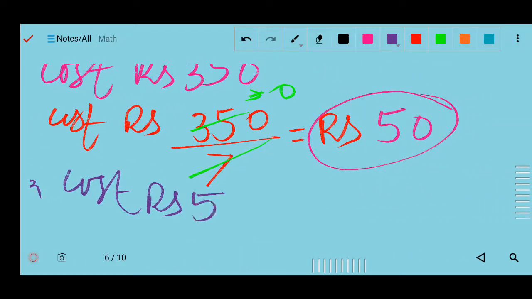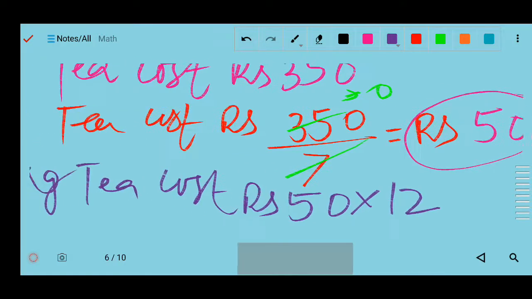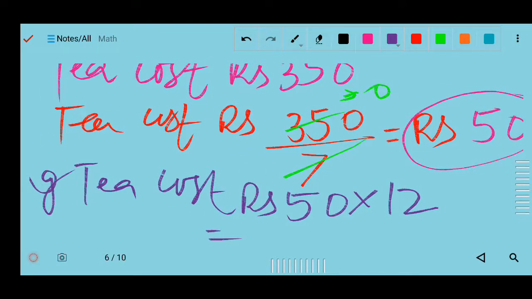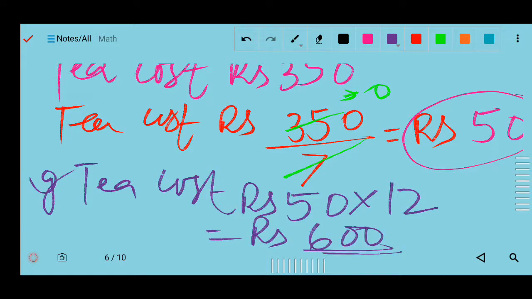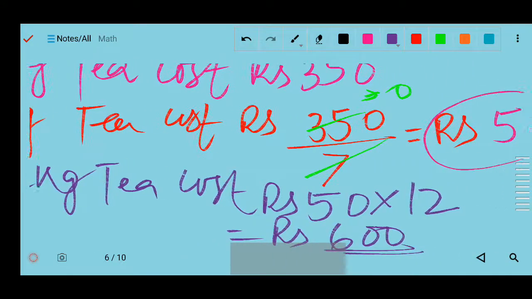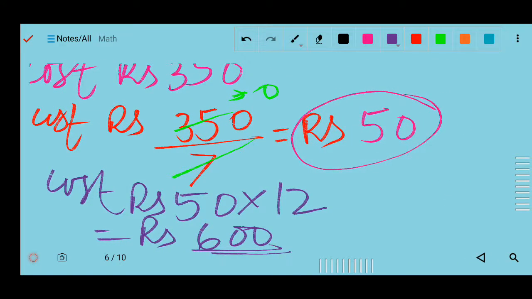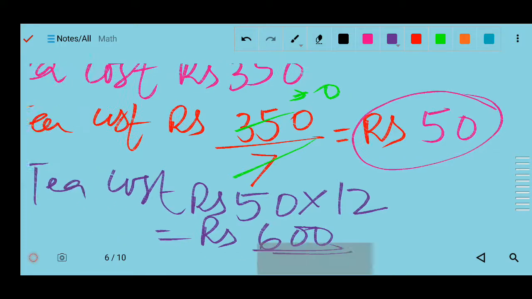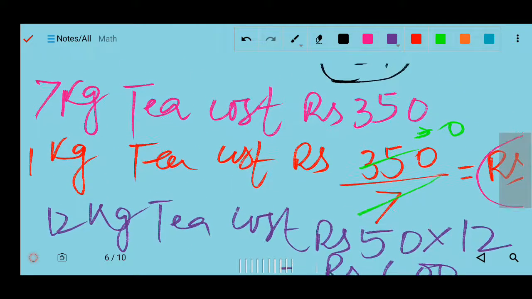Rupees 50 multiplied by 12 gives 600. So the answer is 600. Got it? The cost of 12 kg tea is 600.